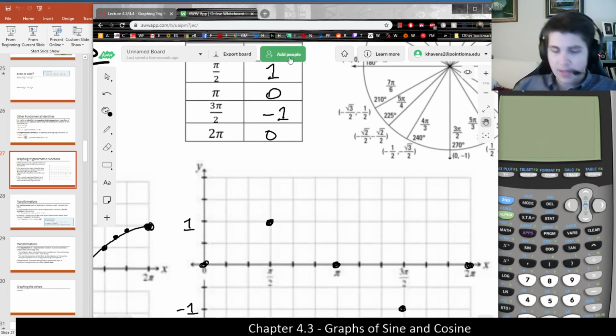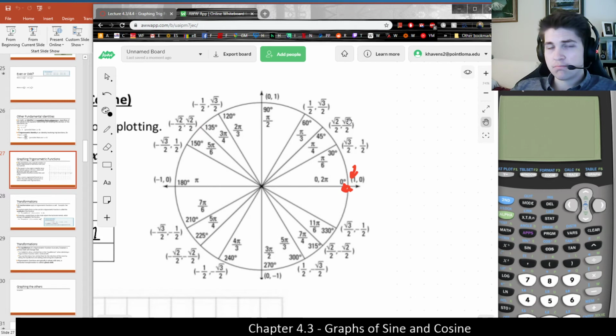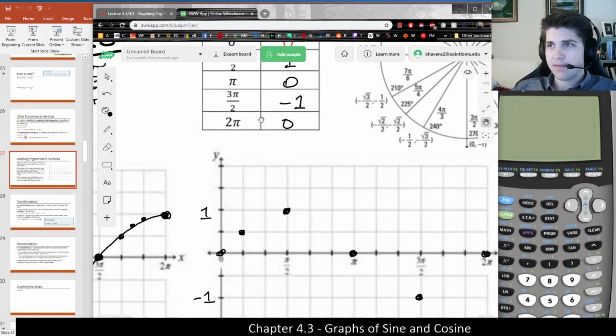So at pi over 6, which is the first tick mark, we go up to exactly 1/2. Then root 2 over 2, 0.7. Then root 3 over 2, 0.87. So in the middle is pi over 4, and at the top is sine of pi over 3. And basically it will follow along. It has the same curvature, exactly the same as cosine.